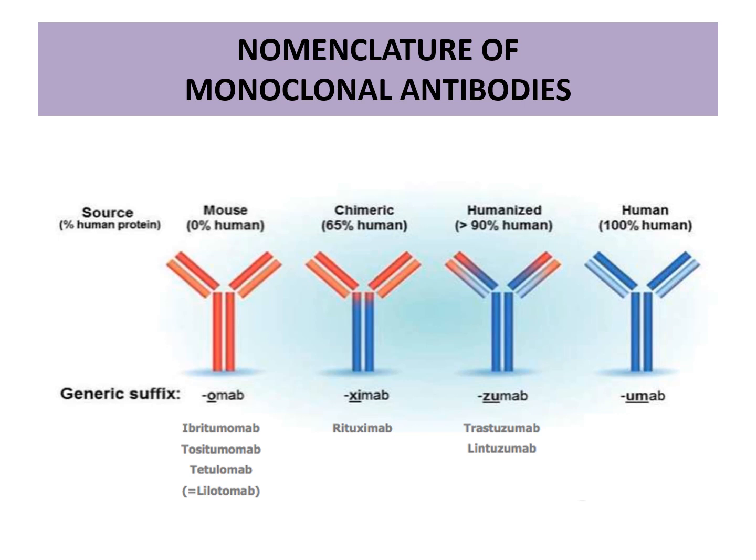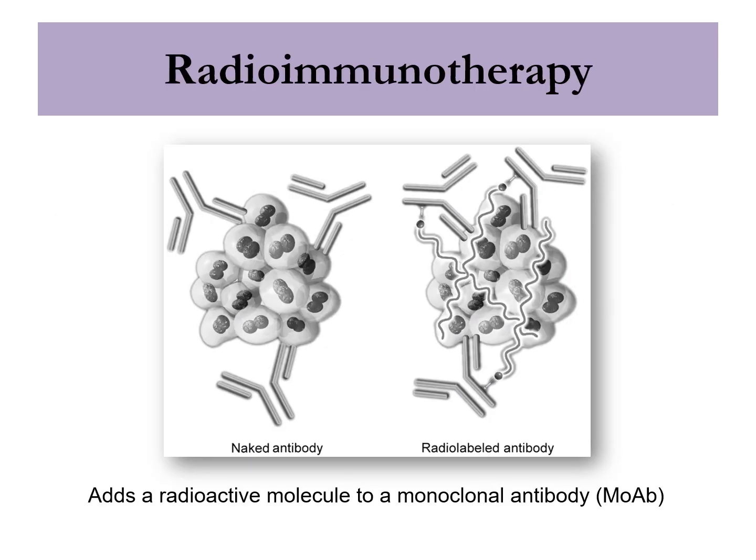If it is a humanized antibody with more than 90% human protein, it will be called ZUMAB: trastuzumab, as well as lintuzumab. And then we also have 100% human antibody, which is UMAB. So radioimmunotherapy adds a radioactive molecule to the monoclonal antibody.